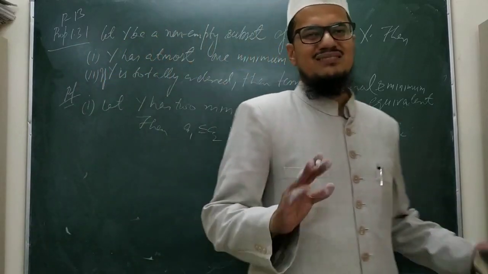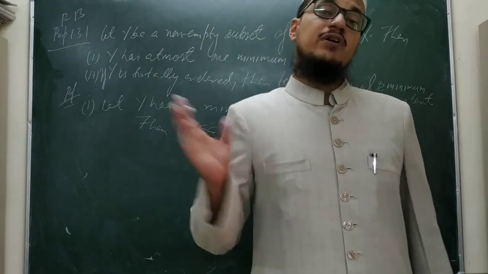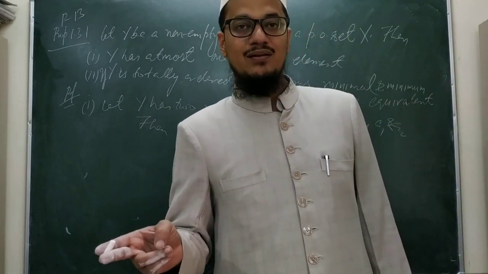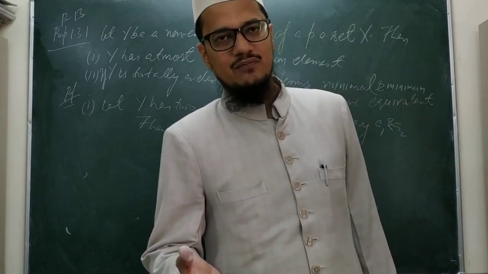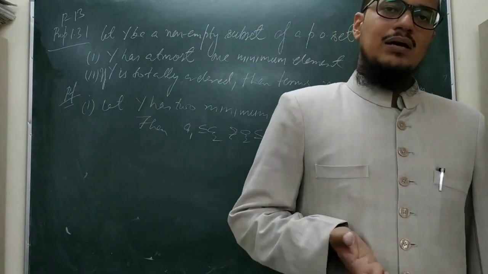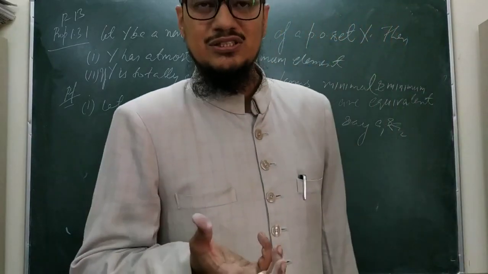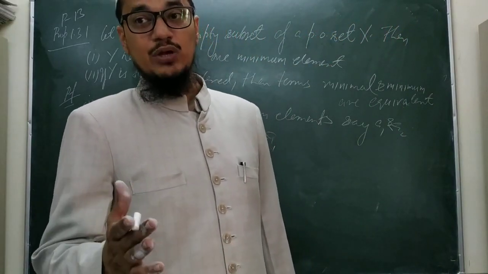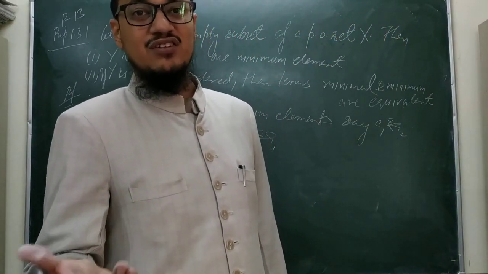Because A1 is less than or equal to y for every y belongs to Y, and A2 is less than or equal to y for every y belongs to Y. So of course A1 is less than or equal to A2 and A2 less than or equal to A1. We are dealing with a partial ordered set, and due to the anti-symmetric property, what does it imply?